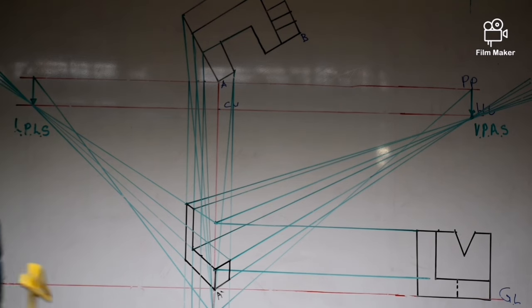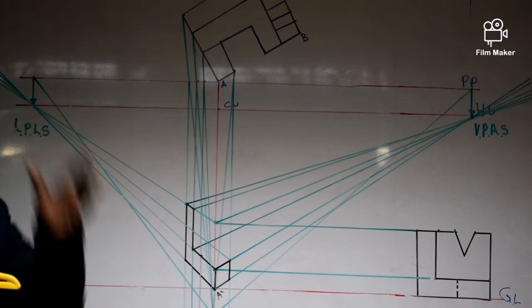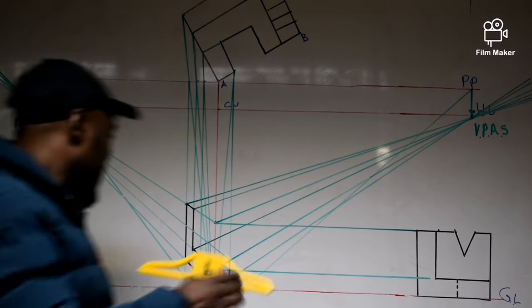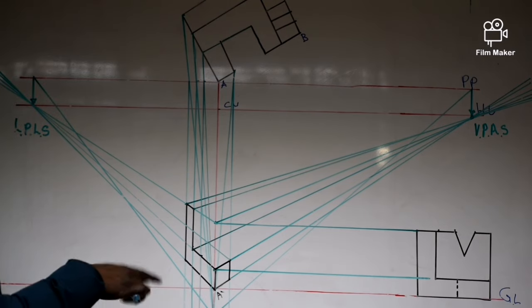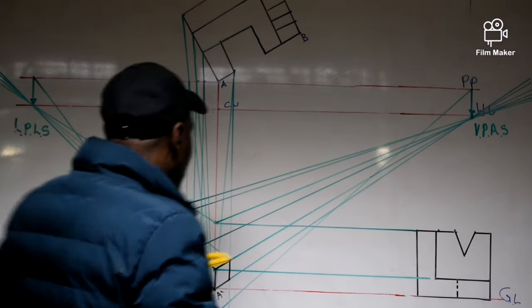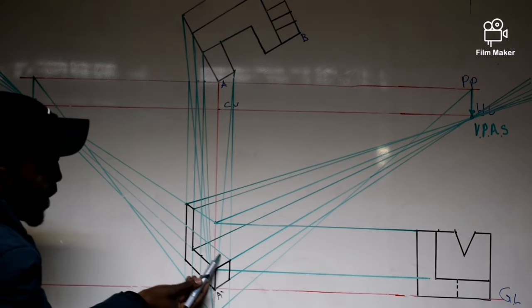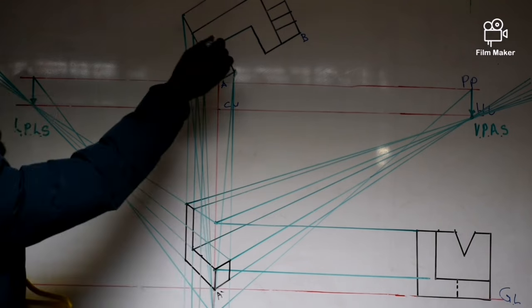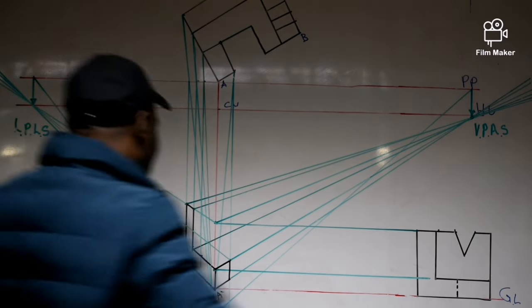I know it's a bit tricky because we are having about 3 steps before we get the point that we're looking for. Understand? So now, this is the point, but we are not looking for that one. So now, take it to what? To a vanishing point. The moment you take this one to a vanishing point, it's going to collide with this. That gives you what? This one. Interesting, huh?